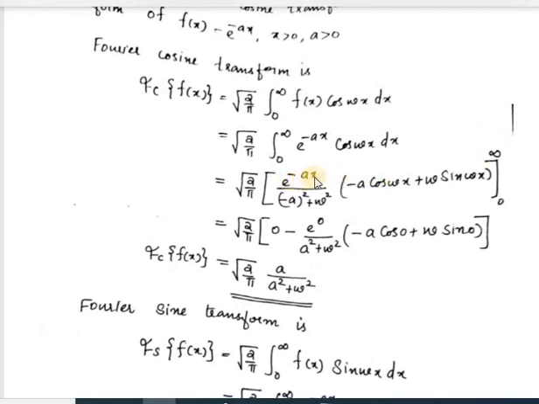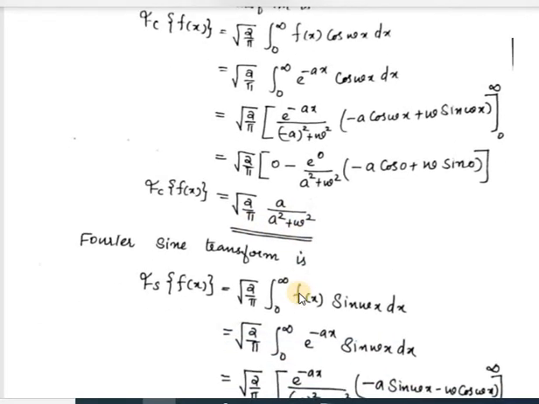We know that e raised to minus infinity is 0, so this term becomes 0. Now applying the lower limit 0, it becomes e raised to 0 by a square plus omega square into minus a cos 0 plus omega sin 0. Sin 0 is 0 and cos 0 is 1. So minus minus becomes plus, and we get a by a square plus omega square. So the cosine transform value is root 2 by pi into a by a square plus omega square.